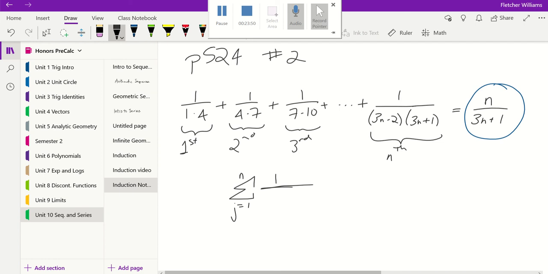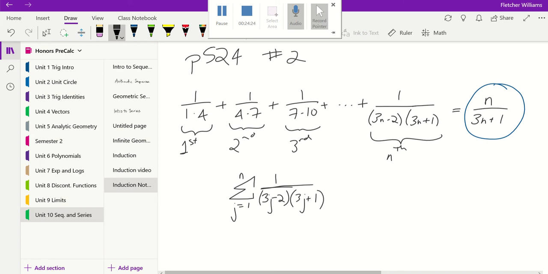Is it 3n minus 2 and 3n plus 1? You're close. Think about this, Parker. N, which you see over here, is for the nth term, and when we get there at the end of our sum, we will plug in n. Is it 3j minus 2 and 3j plus 1? Exactly.